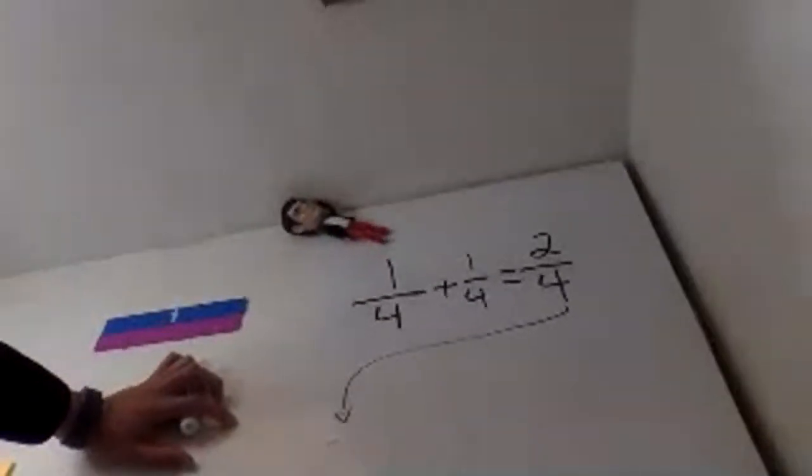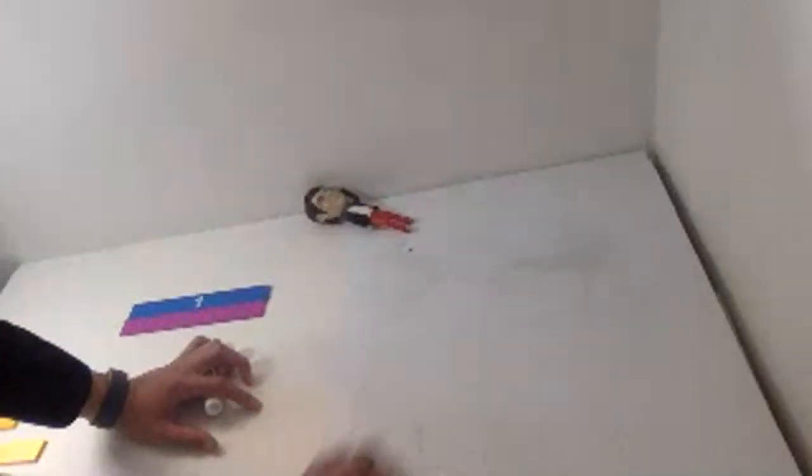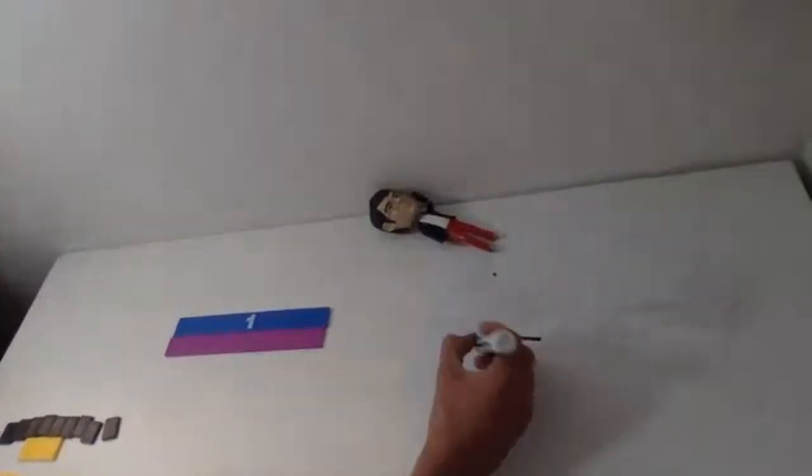So I'm going to erase this real quick. Now that I know that 12 pieces makes my one whole, I know that my denominator, which tells me how many pieces my whole is made out of, is going to be, well, actually, I'll give you a moment, guys. Think about it. Tell somebody next to you, tell mom and dad, or tell yourself.